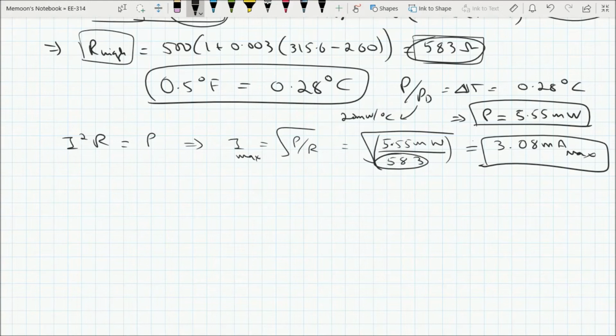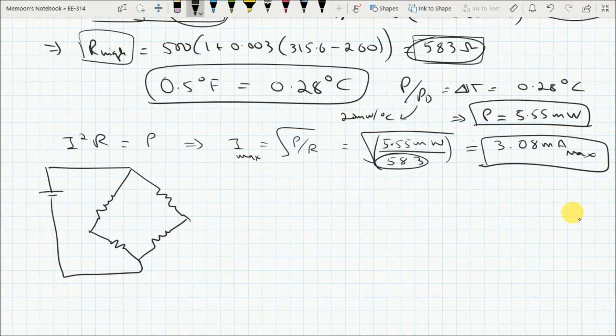So in your bridge circuit, this is your bridge circuit. This is powered up by a 5-volt source. This is R, this is R, this is 500, and this RTD resistance ranges from 500 to 583 ohms. So we have to find the value of this R. And how to calculate that R?